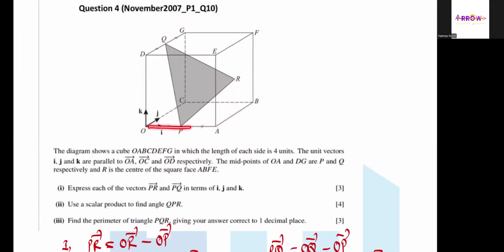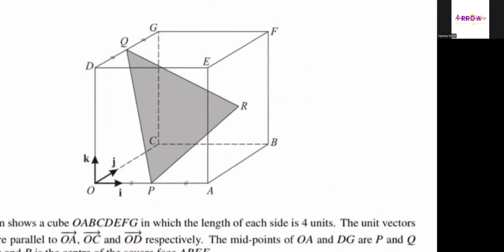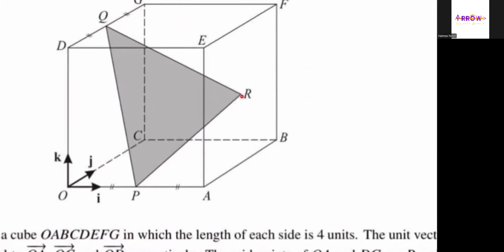Assume that the point underneath R is known as, let's say, X. Since R is at the center of the square face ABFE, and each side of the cube has a length of 4 units, this AX length would be half of 4, which is 2 units.